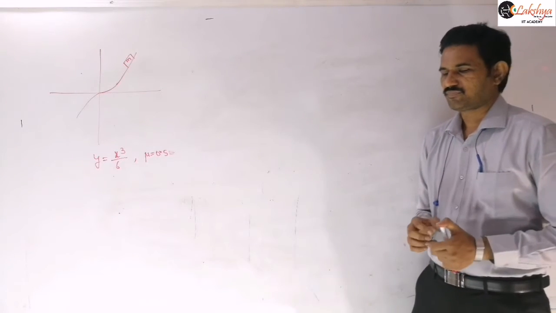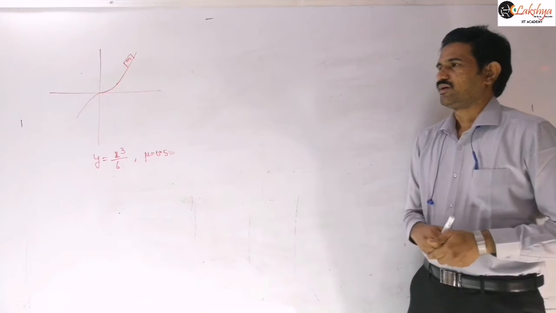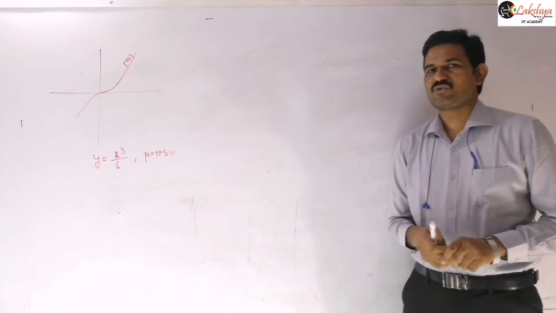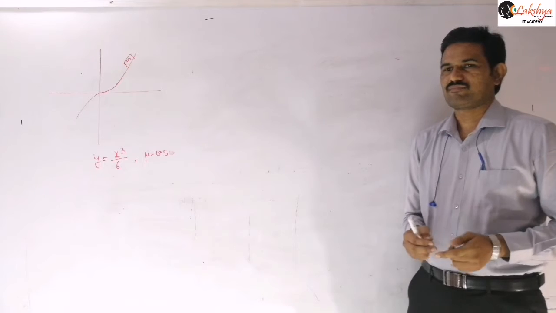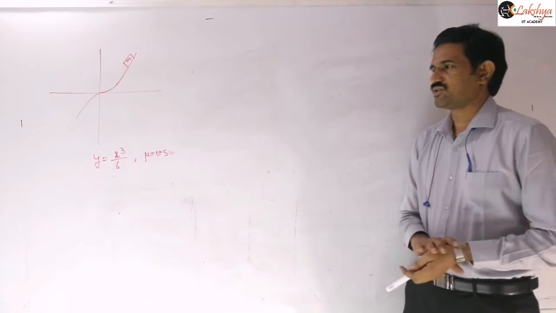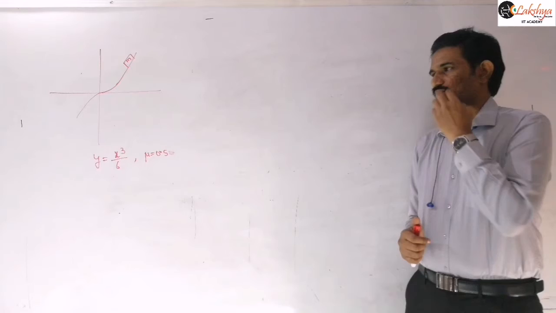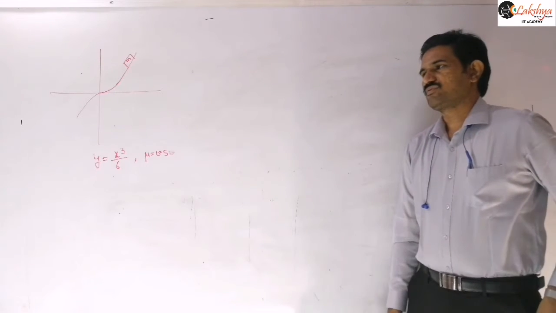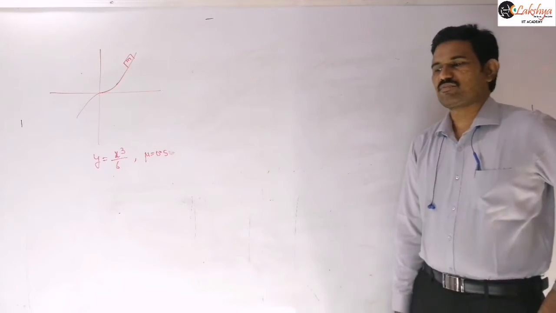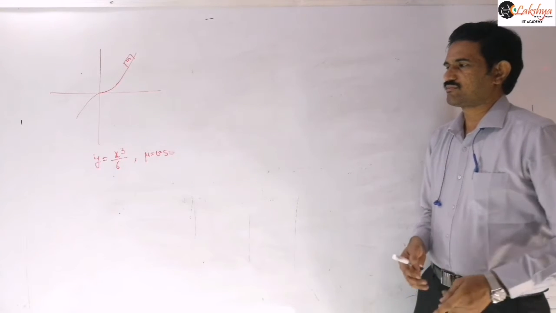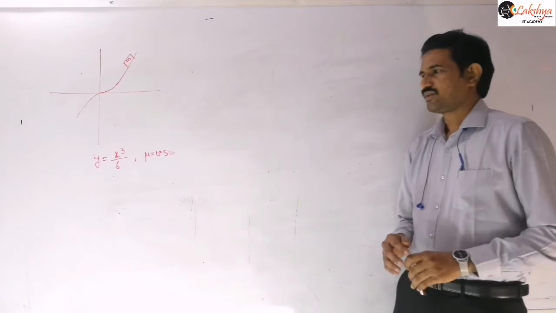Write that a block of mass m is placed on a curved surface given by the equation y is equal to x cube by 6. The coefficient of friction between the block and the curved surface is 0.5.